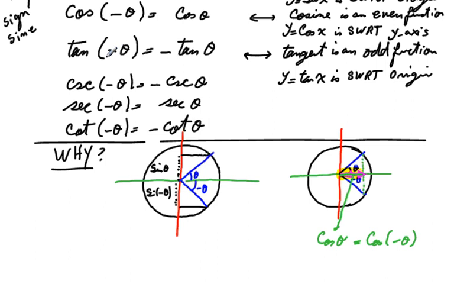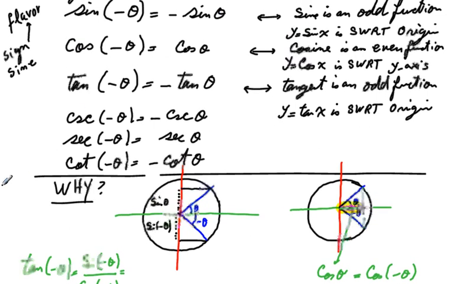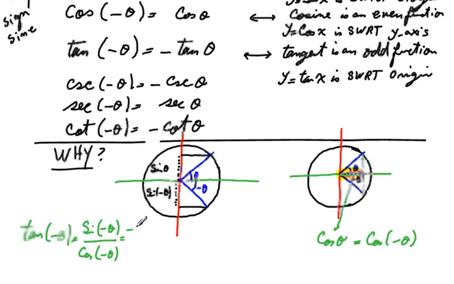How about tangent? We can do it by unit circle, or we can talk it out like this: tangent of minus theta. But tangent is a ratio of sine to cosine from the definition. Sine of negative theta, we can simplify as minus sine of theta.